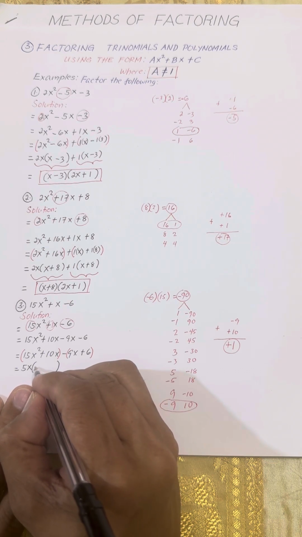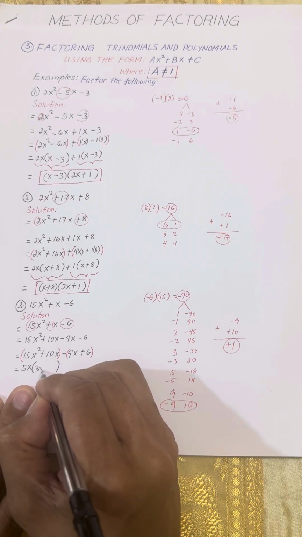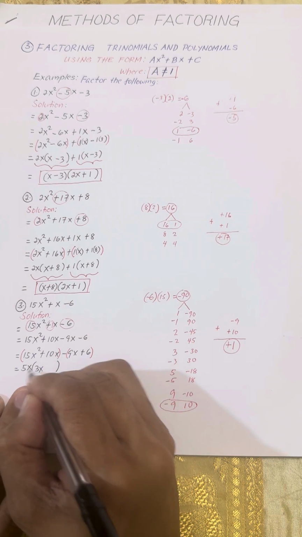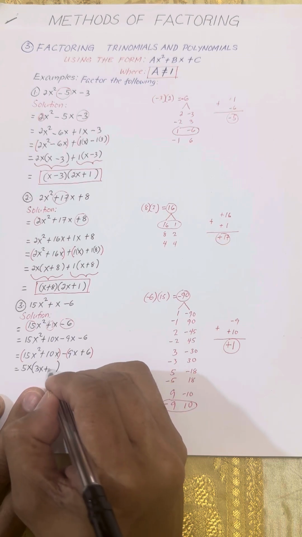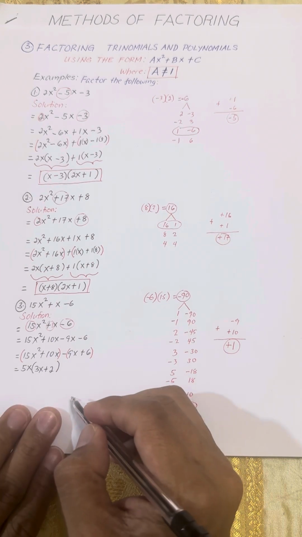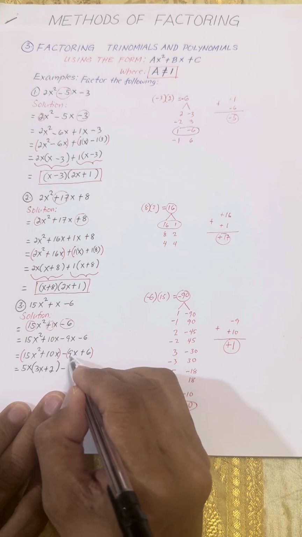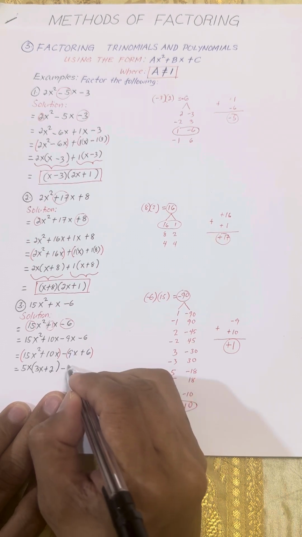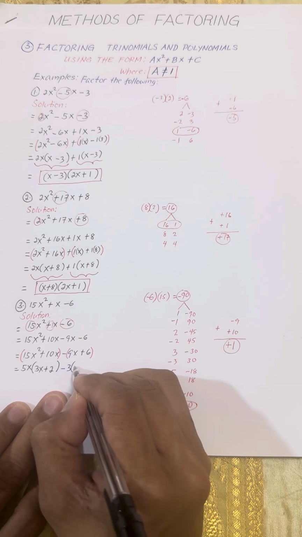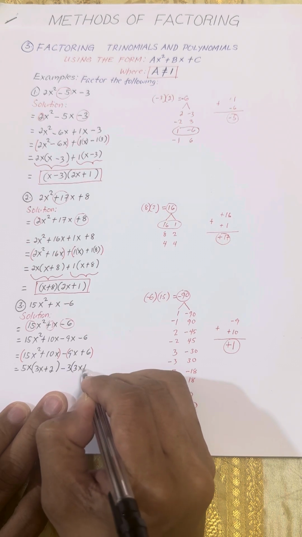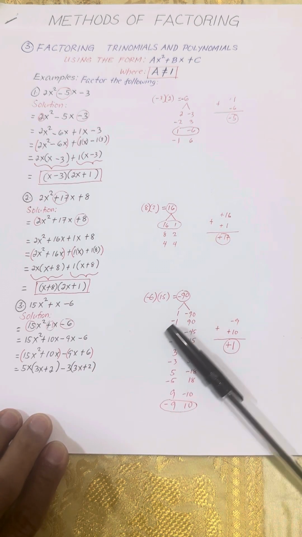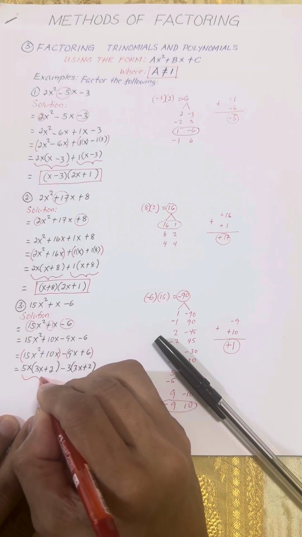This will give us 3x, then this one divided by 5x is plus 2. For the second group, this is divisible by 3, so factor out 3. So we have 3x plus 2. So we have formed a new group.